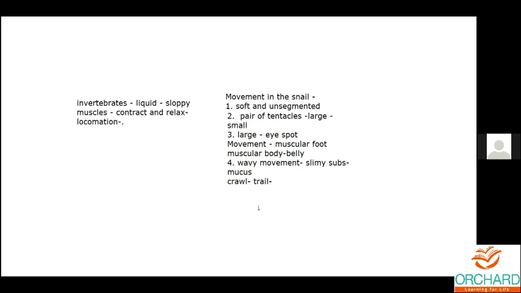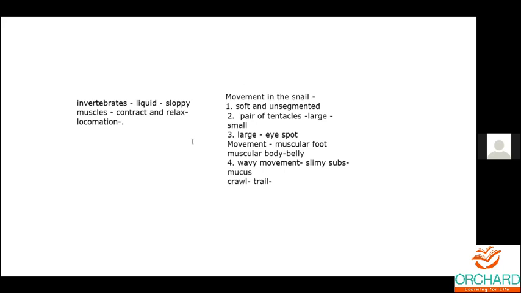The first thing is that they have a soft and unsegmented body. The body is not segmented properly. Next is the pair of tentacles. They have two pairs of tentacles. One will be large and the other one small.